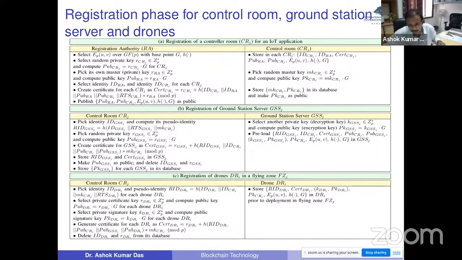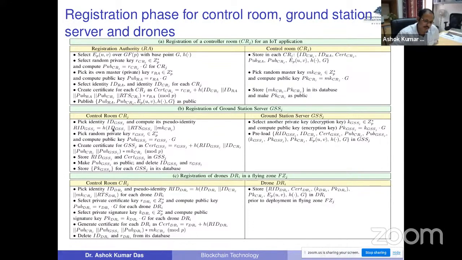Once it is there, the control room will store this information. After receiving it, the control room creates its own master key and public key, and stores them in its database. In the next stage, the control room will register the ground station servers using elliptic curve based cryptographic algorithms.